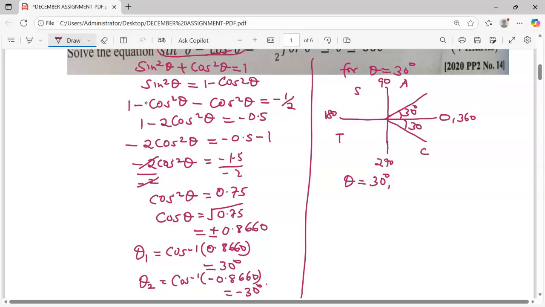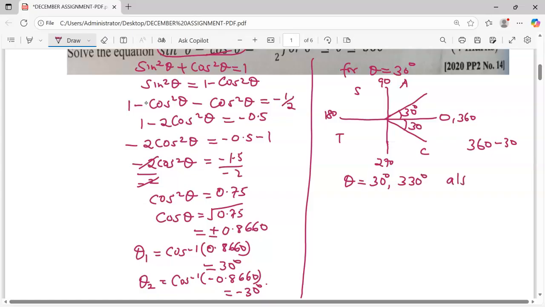So to find the size of the angle that lies in the fourth quadrant, you are simply going to take 360 minus 30 degrees, or simply from 0 all the way to this point, we are going to have 330 degrees.